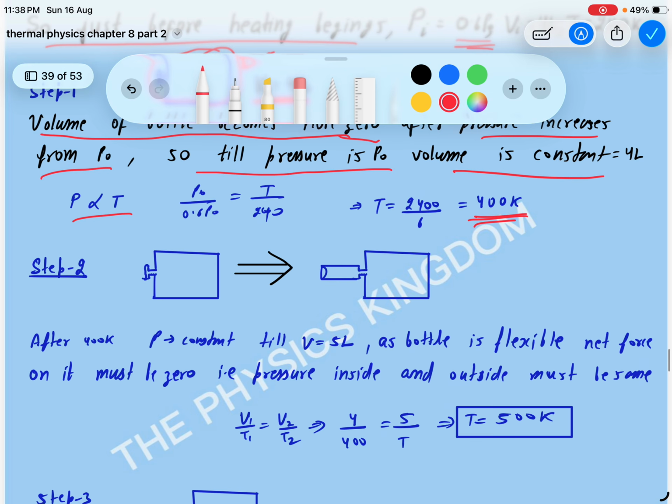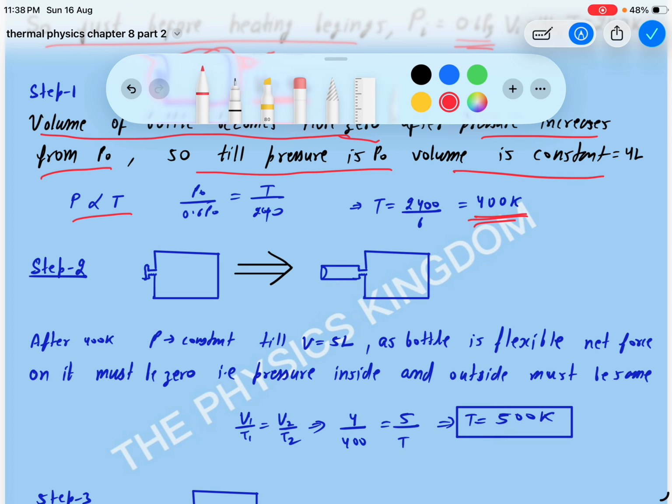Okay. Now step 2. In step 2, if pressure reaches P naught, after that what should happen? If you are further heating it, then pressure will try to increase. But since the bottle is flexible, it will start expanding. So pressure will remain P naught till the volume of the bottle is maximum.